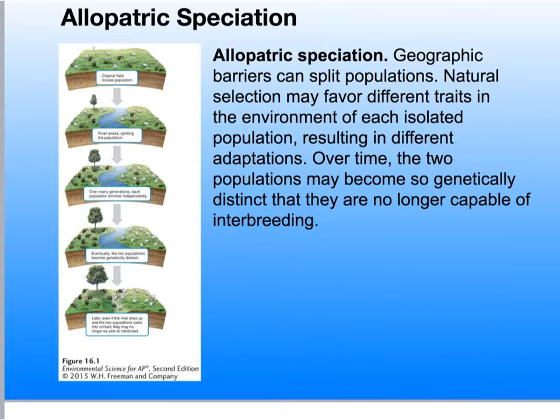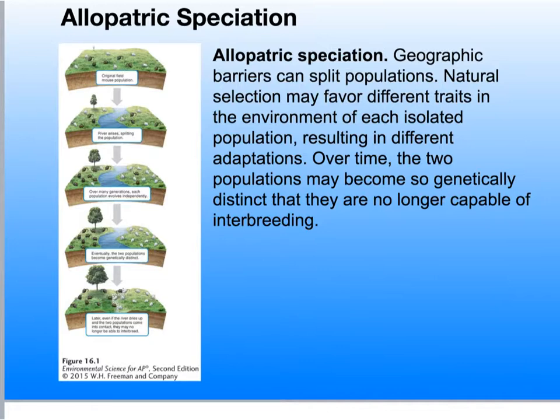Over many generations, these populations have become independently evolving, and you can see in the illustration there's a color change. Eventually, the two populations become so genetically different and distinct from one another that they've spent all this time by themselves, and now they've created a separate species.